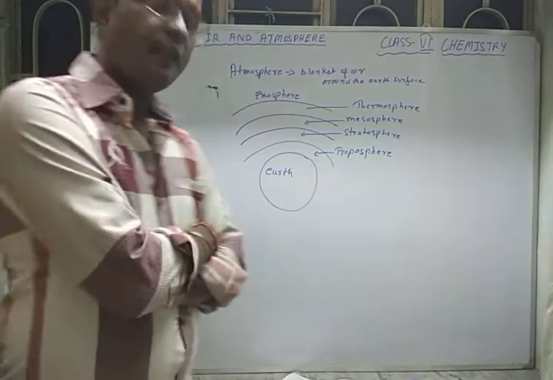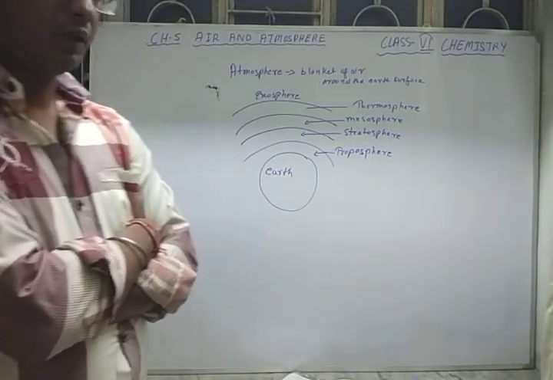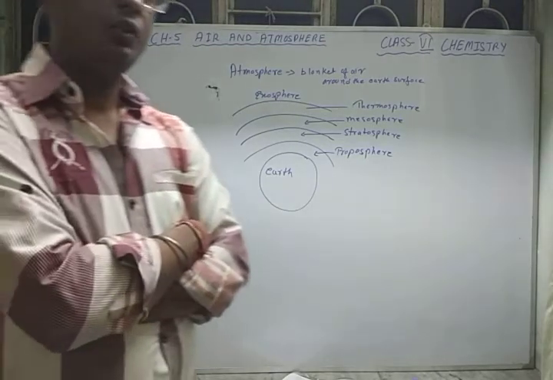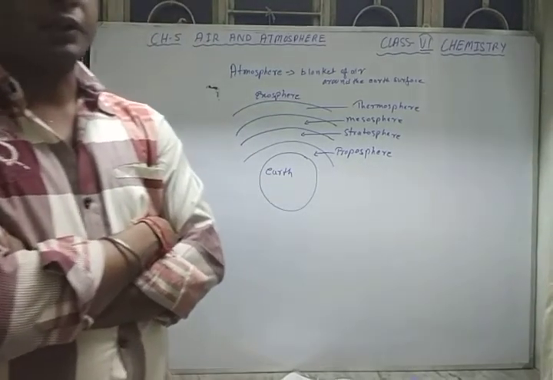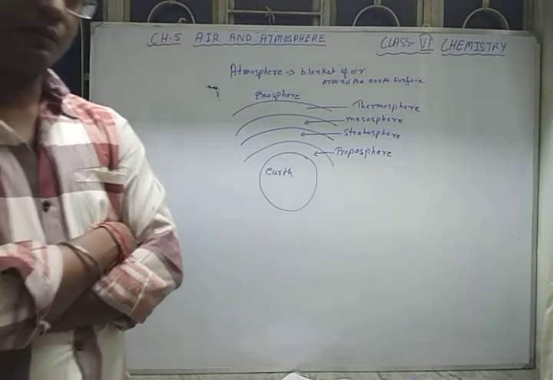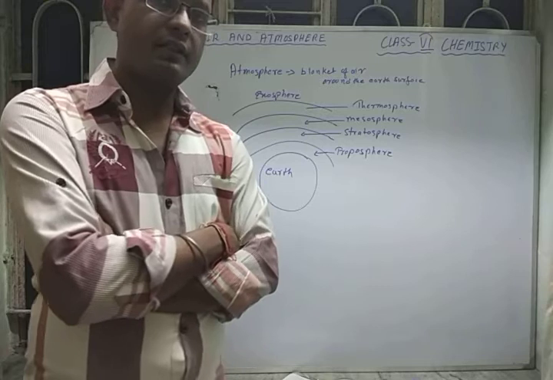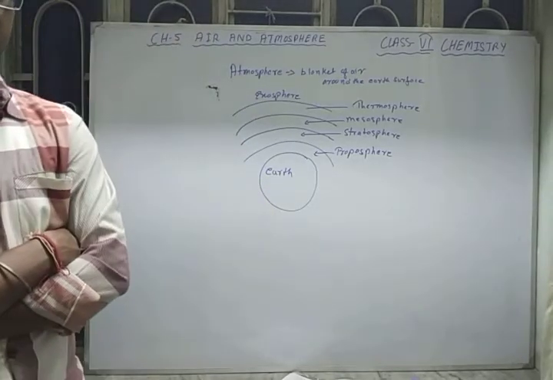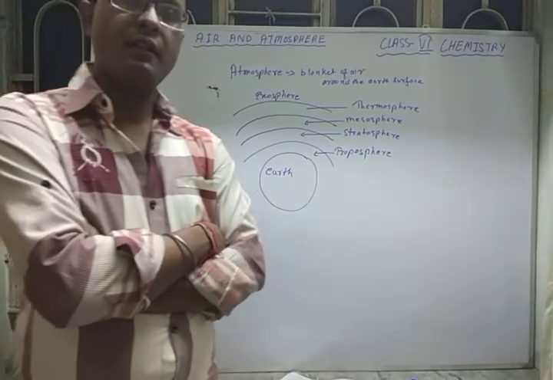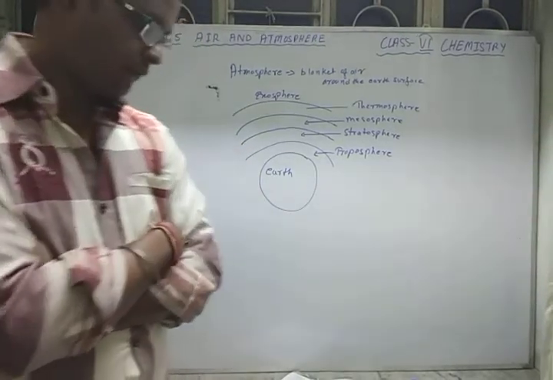Okay, so it is very important to survive, because we also depend upon the weather conditions. The population of a place also depends on the weather of that place. So all these changes that happen in the weather take place in this layer, the troposphere.